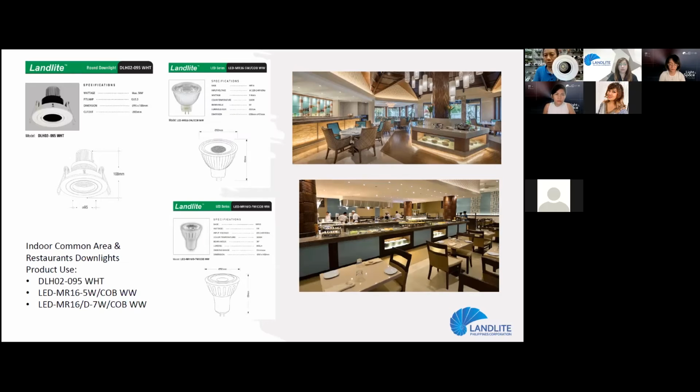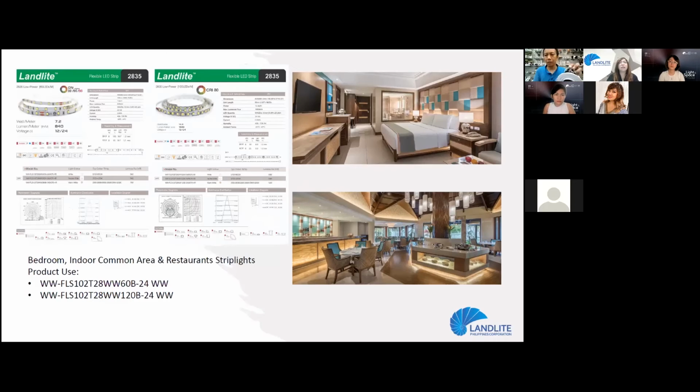Alright. So, the next one is, okay, strip lights. Strip lights, you will see they use 2 kinds of strip lights in Henan. For the rooms, they would use the 60 LED. Mas mahina siya doon sa earlier na pinakita ko sa inyo.